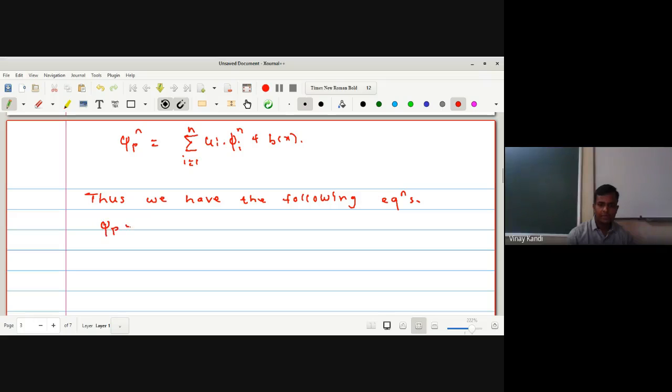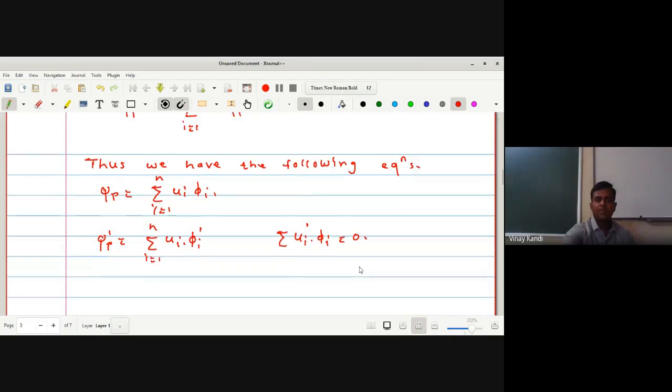Psi p is equal to summation I running from 1 to n, ui phi I. OK, psi p dash is equal to summation I running from 1 to n, ui into phi I dash, when we are assuming summation ui dash into phi I is equal to 0.